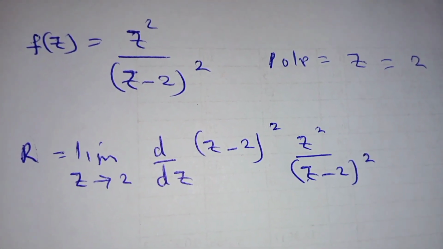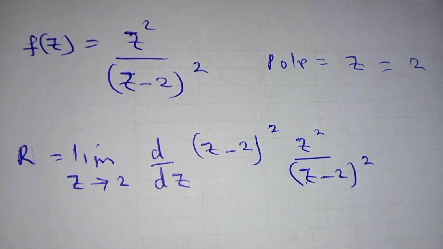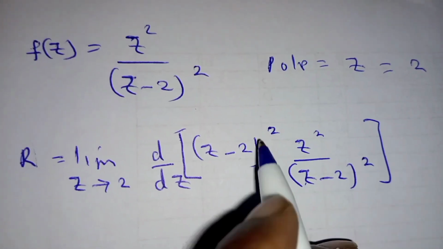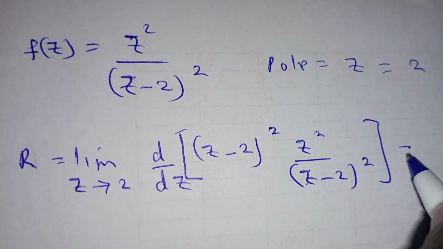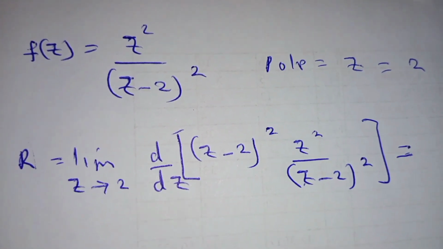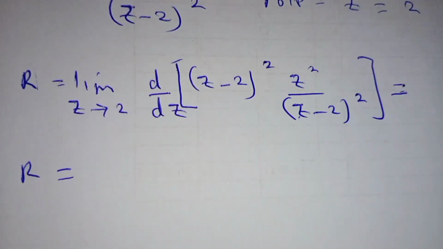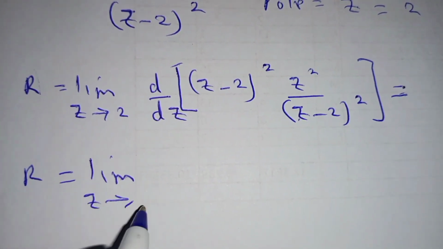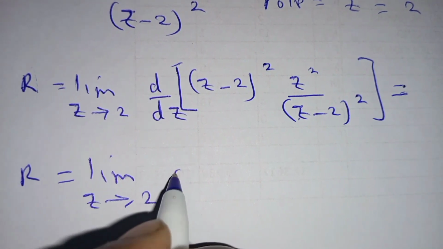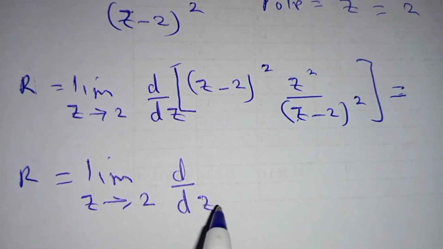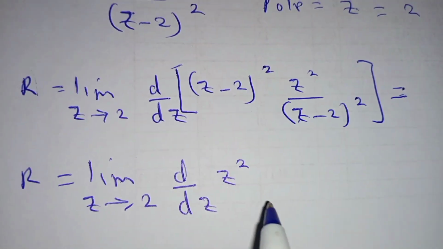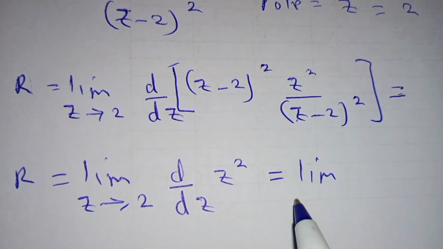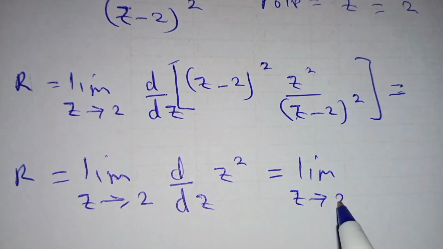Then it looks like that, you can see this part here will cancel, so we are going to have: our residue is equal to limit as z tends to 2, first derivative of z squared, which is equal to limit as z tends to 2.